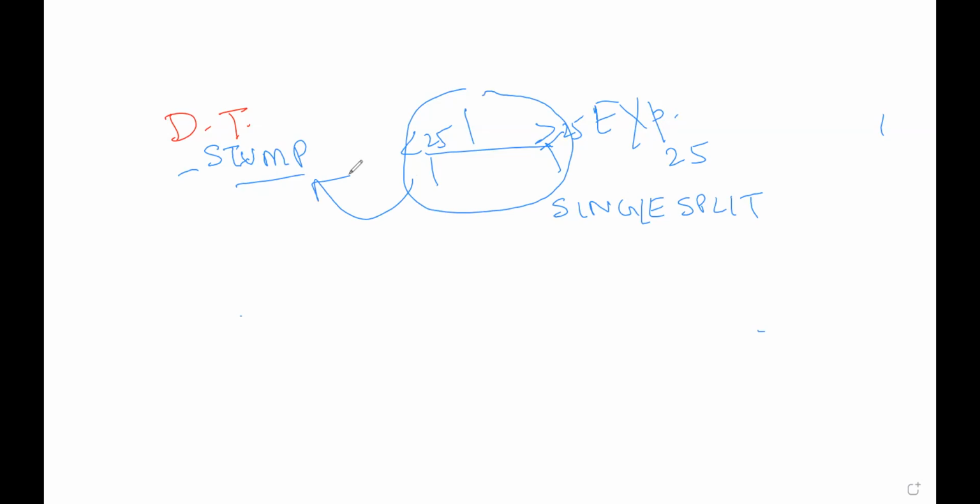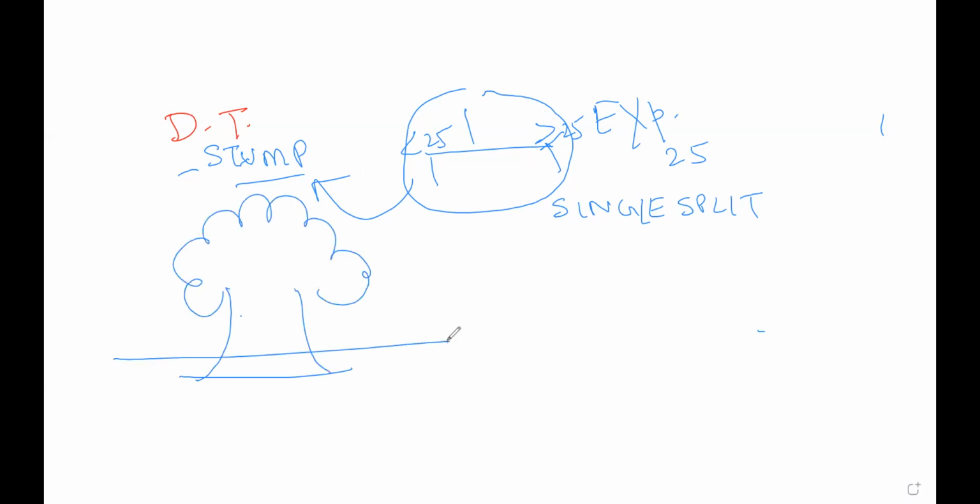So the stump is the first instance, the first split? The first split is the stump. Just the first split is the decision tree stump. Like this is a tree, and you cut it at this level. This part is called the stump of a tree, right?